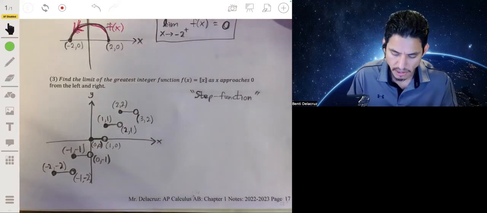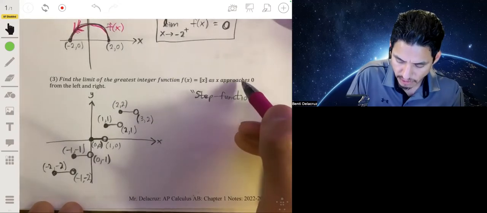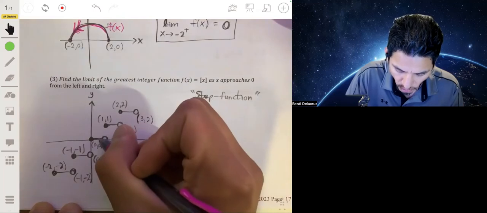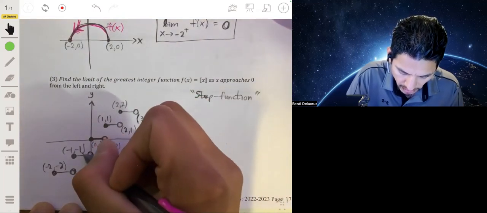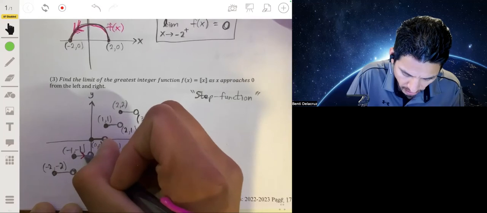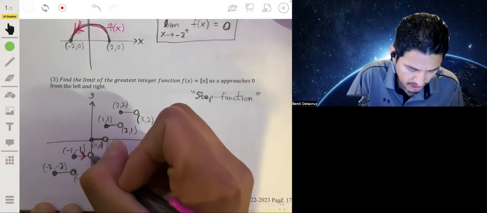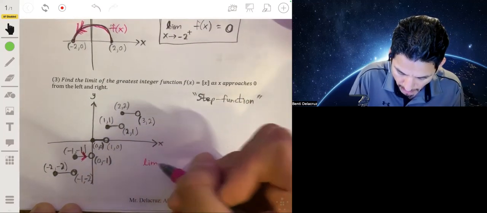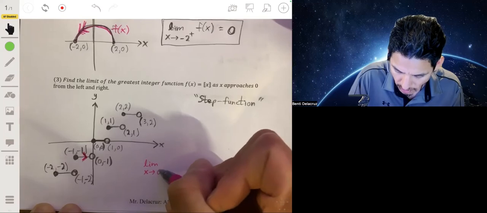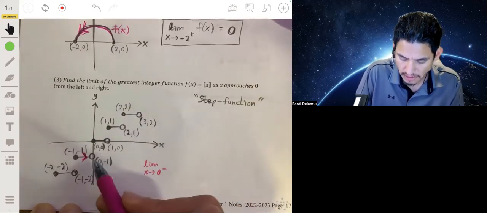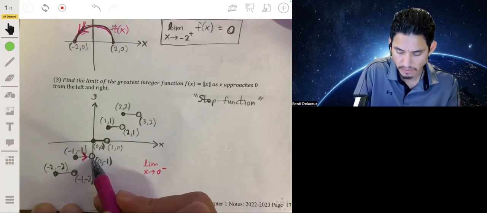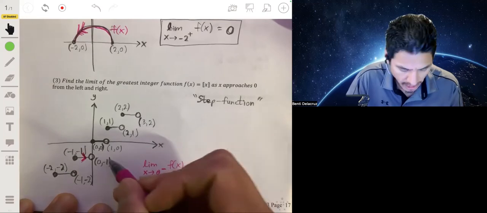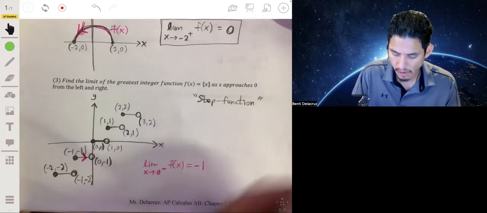So what's going on here? We want to find the limit as x approaches 0 from the left and right. As x is approaching 0 from the left, we're going to be on this part of the graph, going towards this side. So the limit as x approaches 0 from the negative side is going to be that point right there, which is -1.